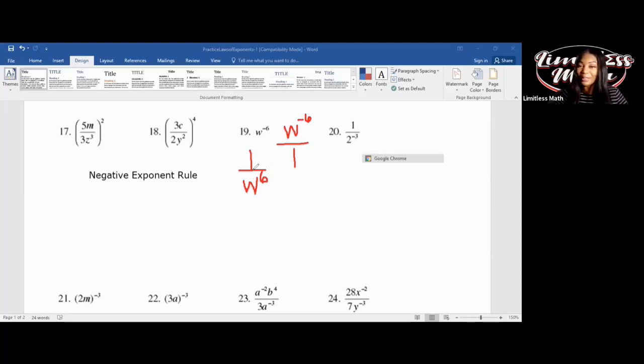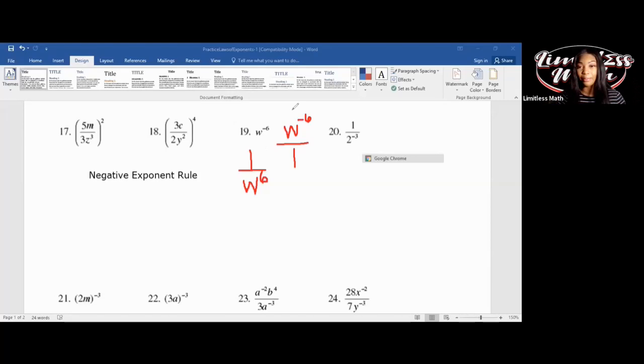It becomes positive because now it is happy where it is. Okay, so that is the rule with negative exponents. You never want to turn in an answer with negative exponents. It is not completely simplified if it still has negative exponents in it. So you always want to make the negative exponents happy.